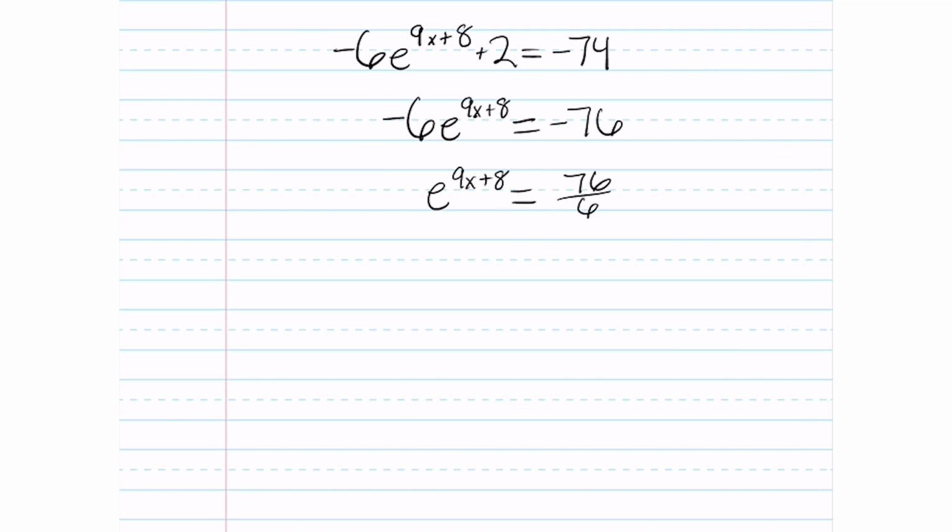Now we can use our ln trick to help get rid of the e on the left side. Since we can simplify to get rid of the e, we'll just rewrite it.